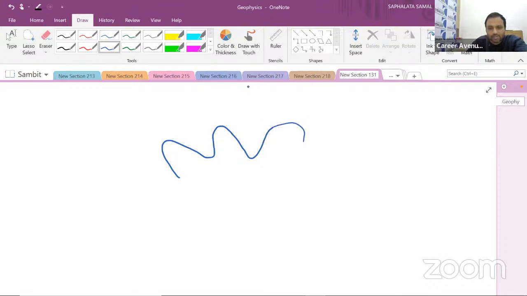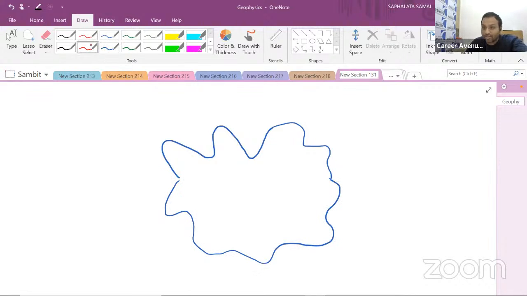The outer surface of the Earth is highly undulating, like this. The reference spheroid, what does it do? It creates a homogeneous spheroid surface, basically a mathematical model like this. It's a reference spheroid, taking the average values of the elevation.